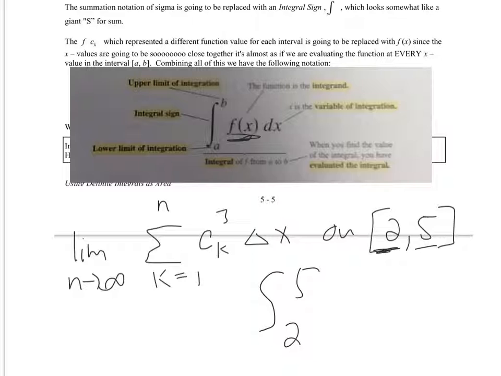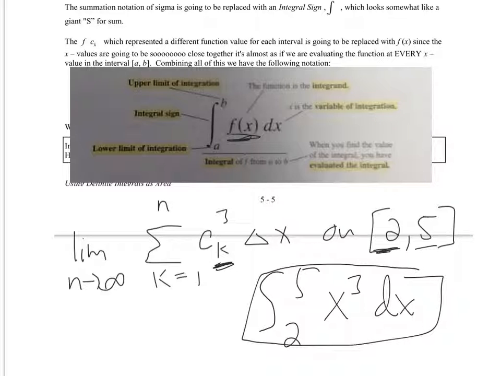So once you've got the bounds set, then you want to ask yourself, well, what function am I working with? And for this one, I've got something being cubed. So the function I'm cubing, the function that gives me the height of the rectangle, is x cubed. And then you're going to have the width of your rectangle, and we call that dx because it's the delta x. And I believe that's it. So that's my definite integral based on that Riemann sum.